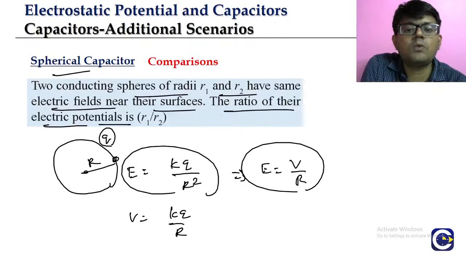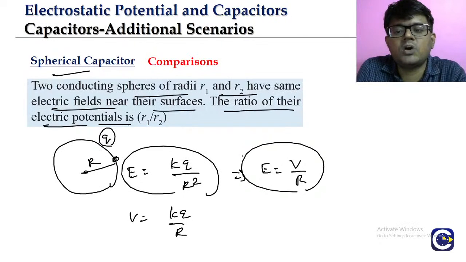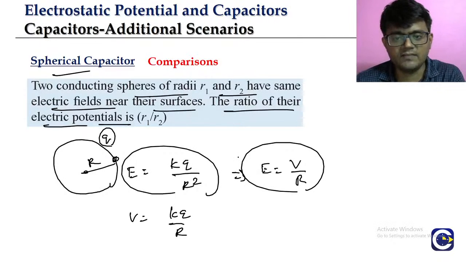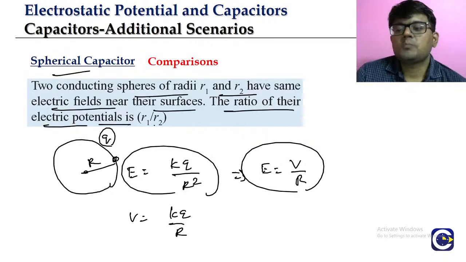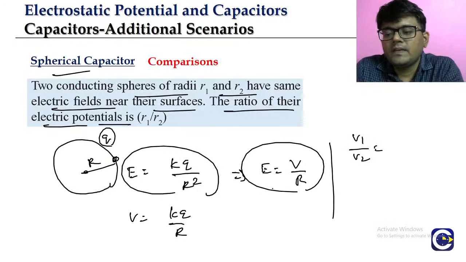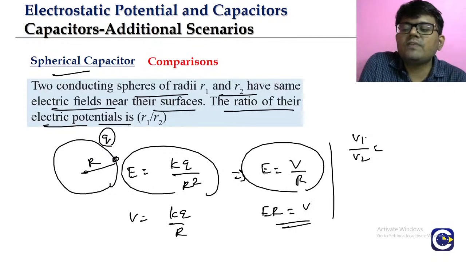Okay, so now look, what is the statement? Two conducting spheres, whose radii are r1, r2, have the same electric field near their surfaces. Then the ratio of their electric potentials. What do we need now? We need v1 by v2. So look, E is equal to V by r means E into r is equal to V. So v1 will be what?